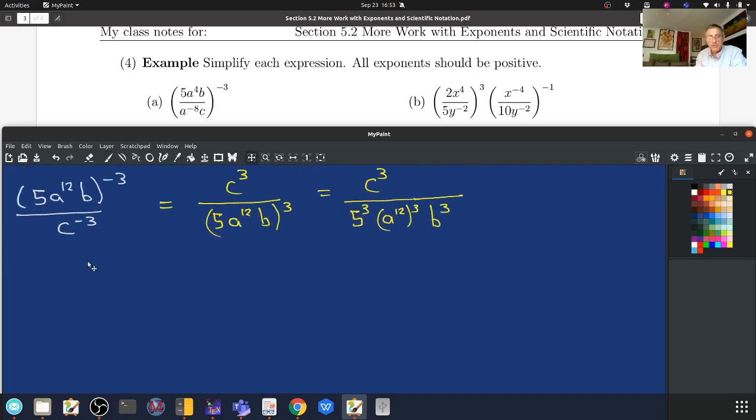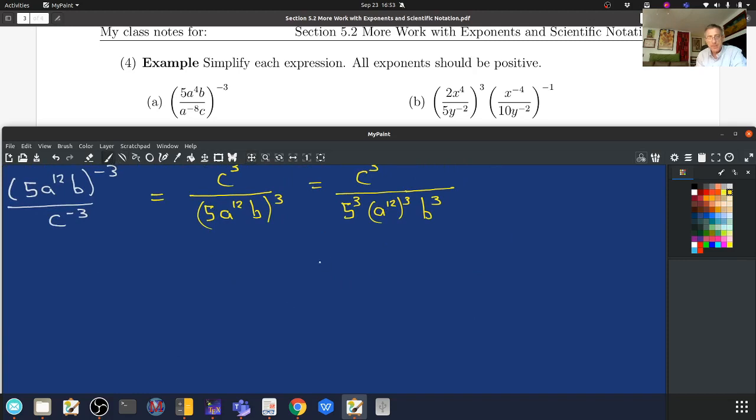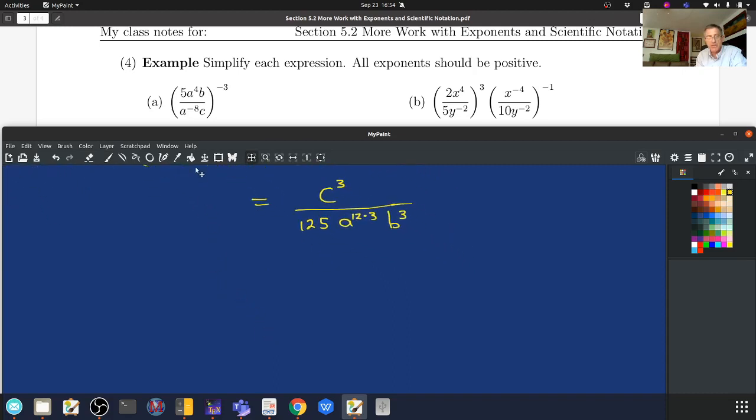So we're almost there. So that's going to give me c to the 3rd. 5 cubed is 5 times 5, which is 25 times 5 is 125. Now a to the 12th to the 3rd, that's a to the 12 times 3, and b to the 3rd remains the same, no simplification there.